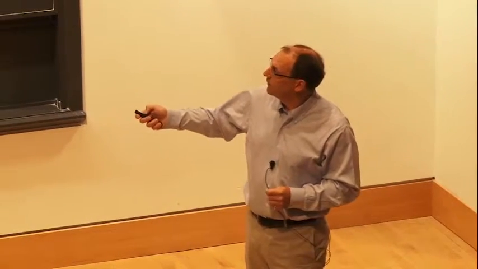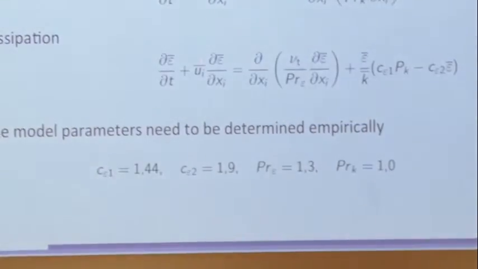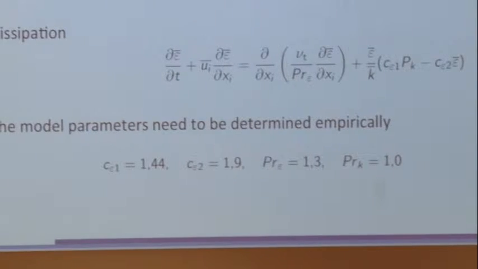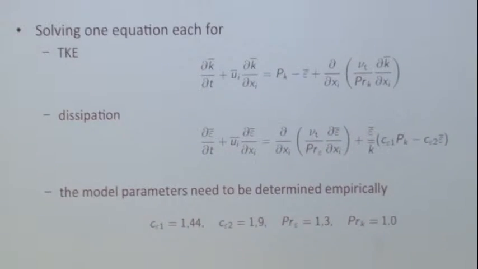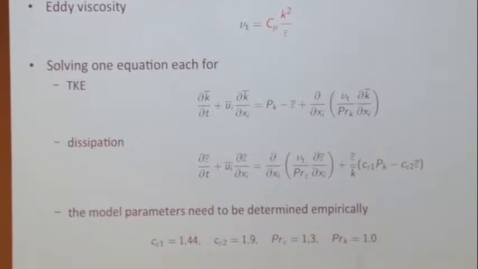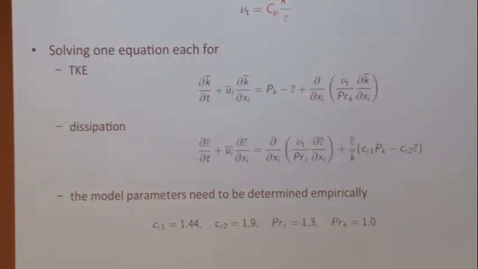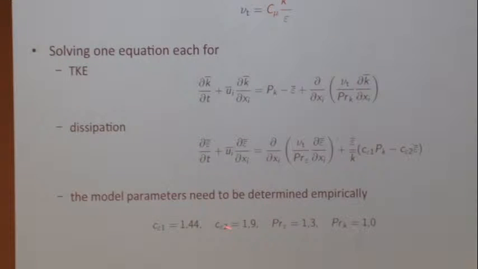These values here, you can actually determine them by writing these equations. If you write this model for isotropic turbulence, you can get the decay rate of isotropic turbulence as a function of this C epsilon 2 parameter. Okay?